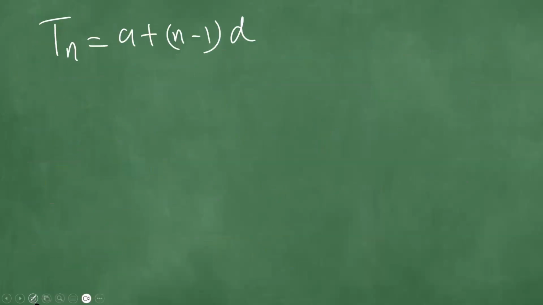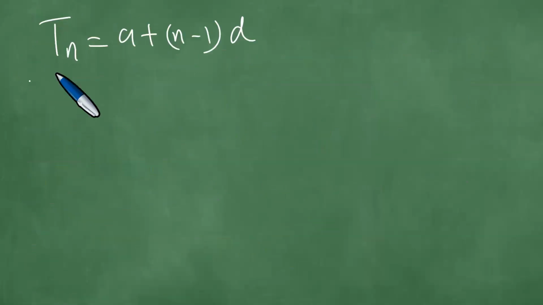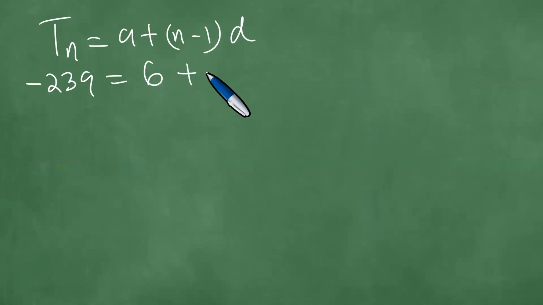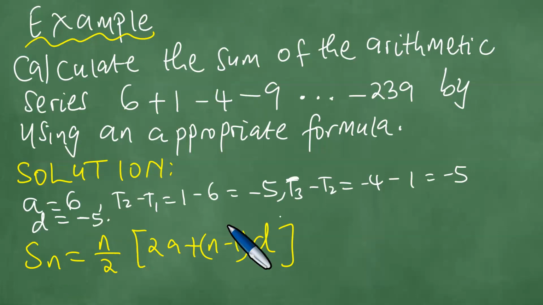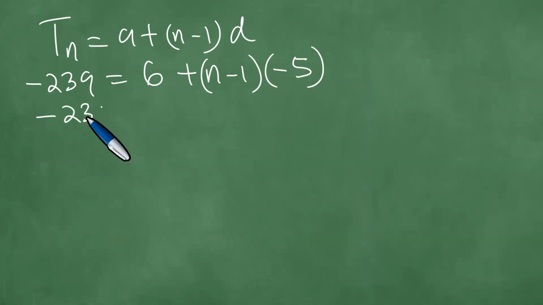In using Tn, what is the last term? Minus 239. What is the first term? The first term is 6, plus n minus 1 into the common difference. What is the common difference? It is minus 5. So minus 239 is 6 minus 5n plus 5.